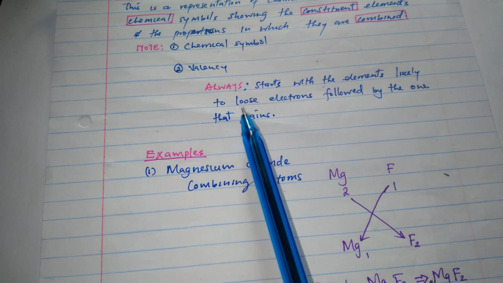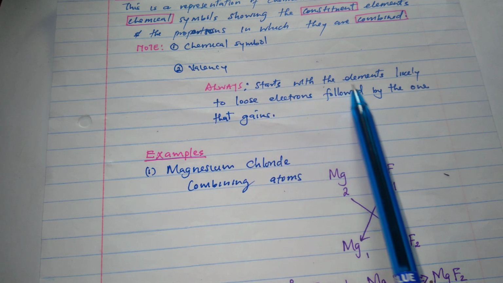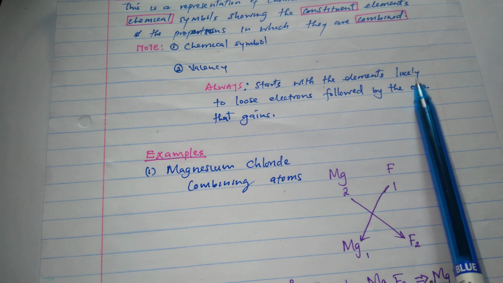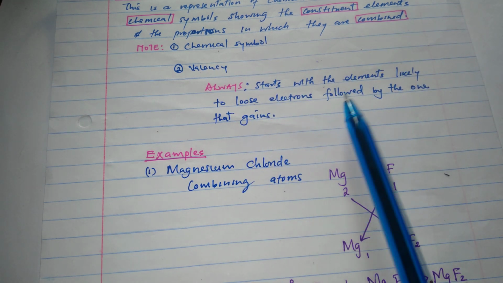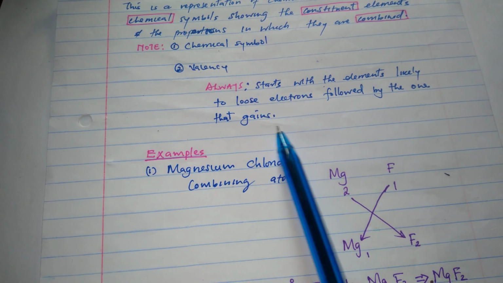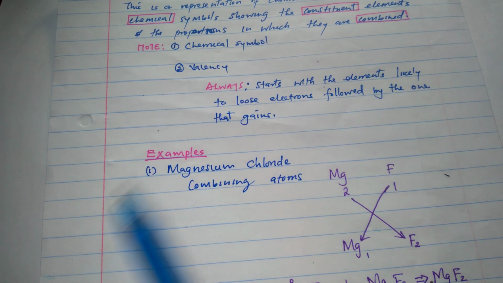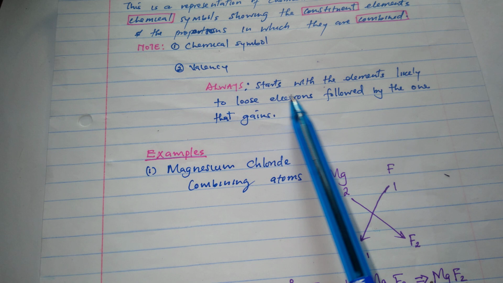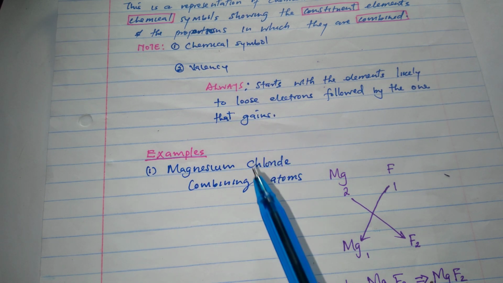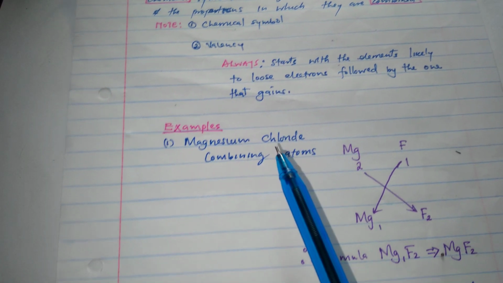Essentially, we always start with elements that are likely to lose electrons, and then we follow with the one that gains electrons. The ones that lose electrons are usually metals, and the ones that gain electrons are usually non-metals.